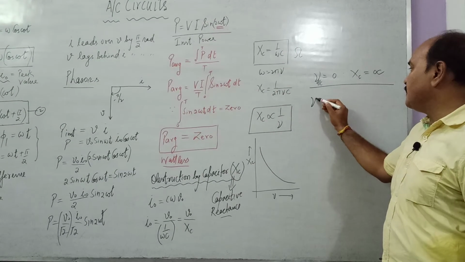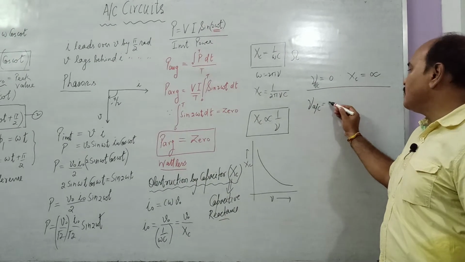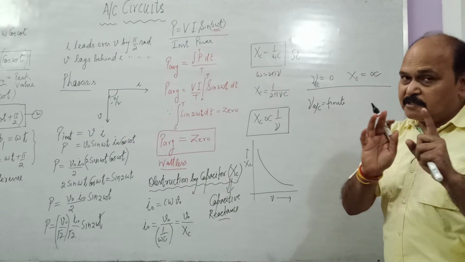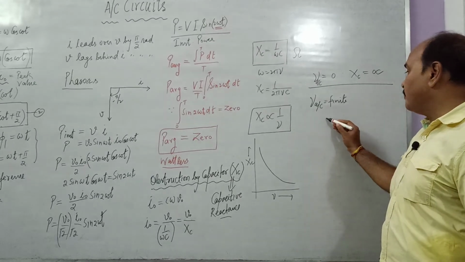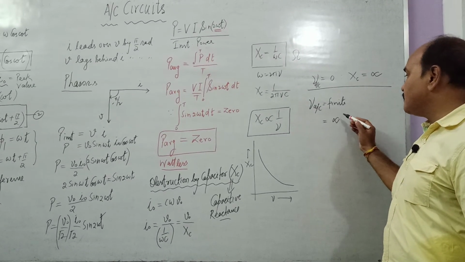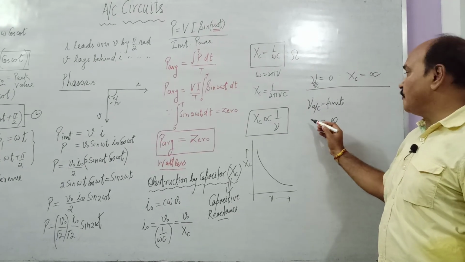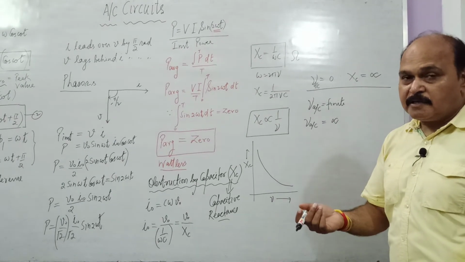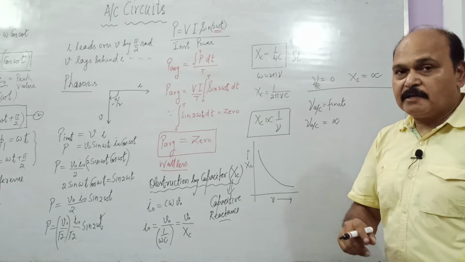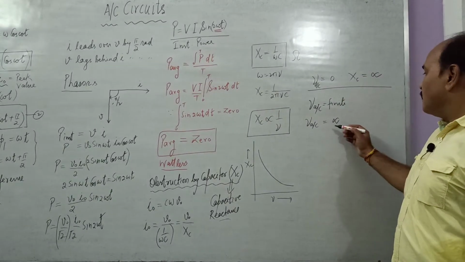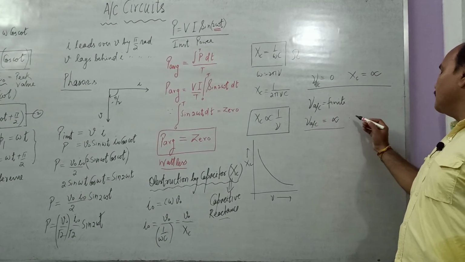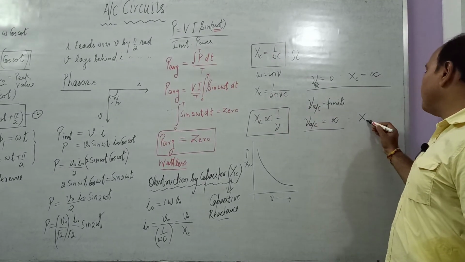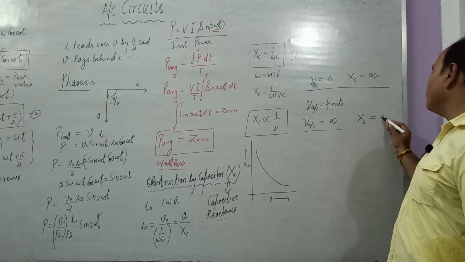And the frequency of AC is either finite, if the value of frequency is mentioned, or if frequency is not mentioned, by default we take the frequency as infinite. If frequency is taken as infinite, then the obstruction would be something about infinite, which is zero. The obstruction by capacitor to alternating current is zero.